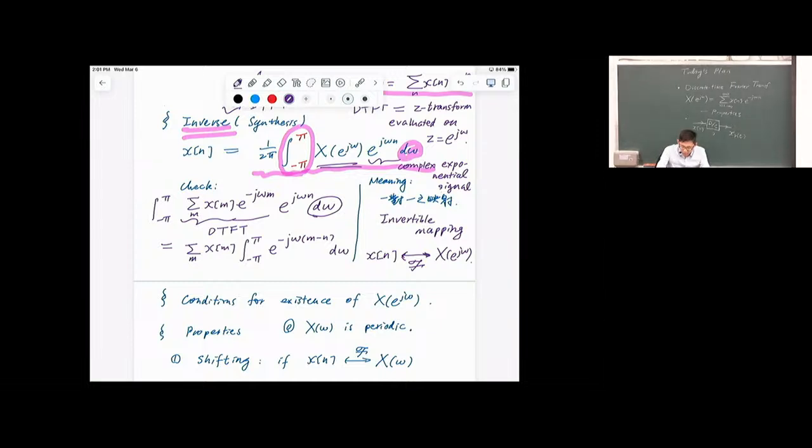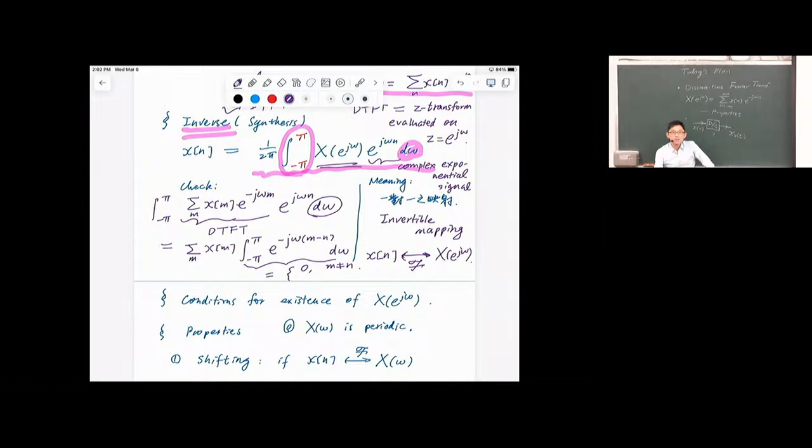So now consider this integral. It turns out that this integral is 0 if m does not equal n. Both of them are integers, m and n, let's say 10 and 20.